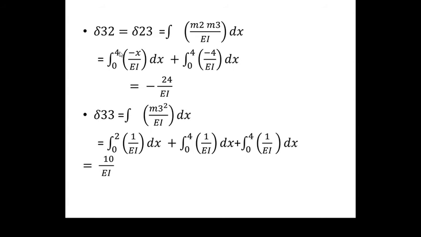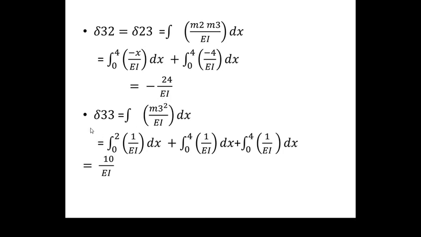Here it is equal to integration 0 to 4, that is x divided by EI into dx, plus integration 0 to 4 of minus 4 divided by EI into dx. Here the span DC is equal to 0. It is equal to minus 24 by EI. We are integrating between this 0 to 4, we can get the minus 24 divided by EI.